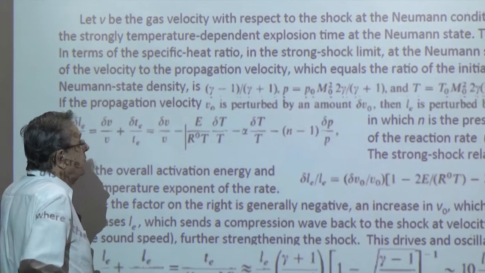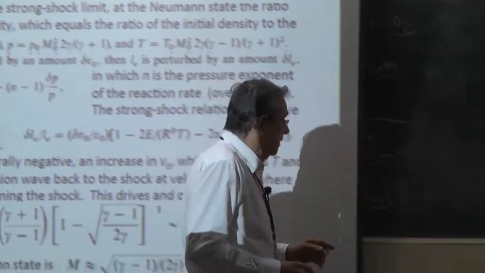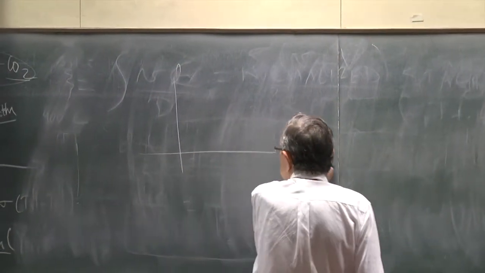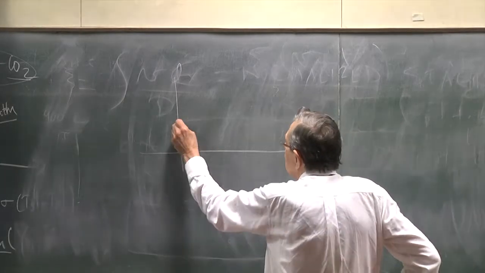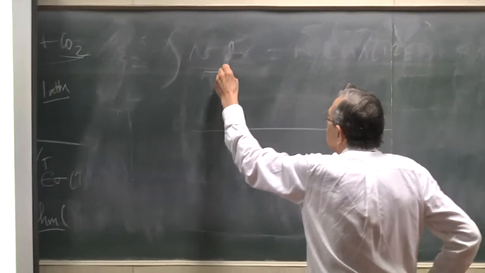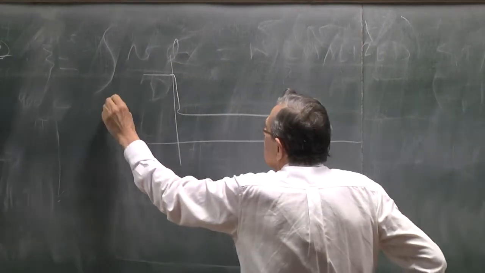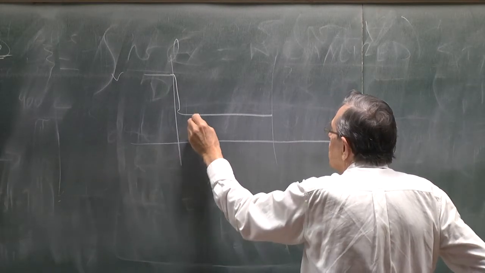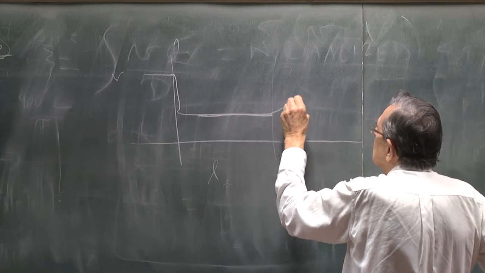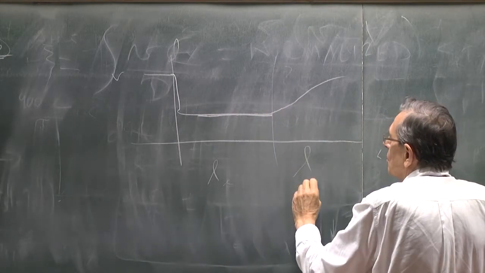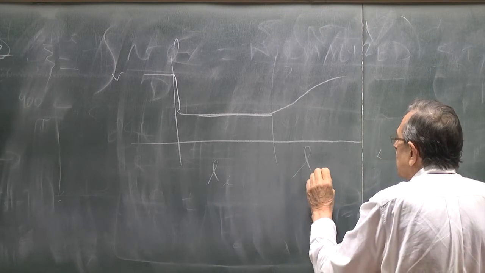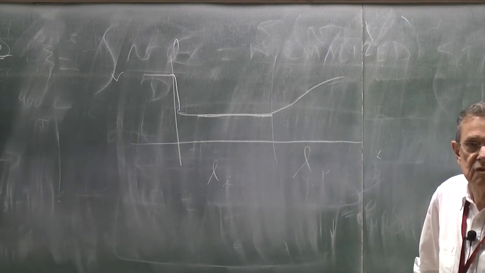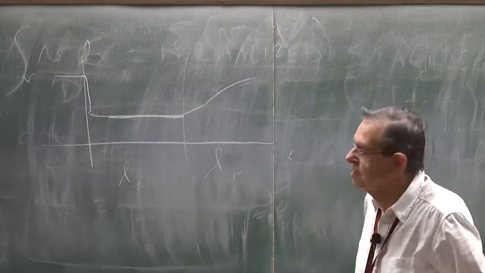For planar disturbances, you can do an analysis in which a good approximation for the detonation structure is a two-zone structure. So there's a shock wave, this is velocity versus distance, an induction zone, and it takes a while for the chemistry to get going, and then there's a reaction zone, a heat release zone. Induction, heat release. They tend to be roughly the same size when you do that calculation of detonation structure for ZND.